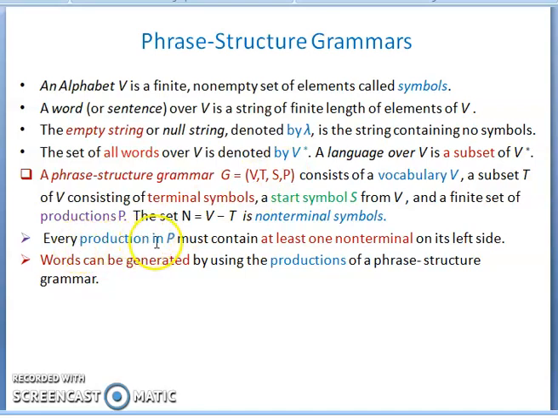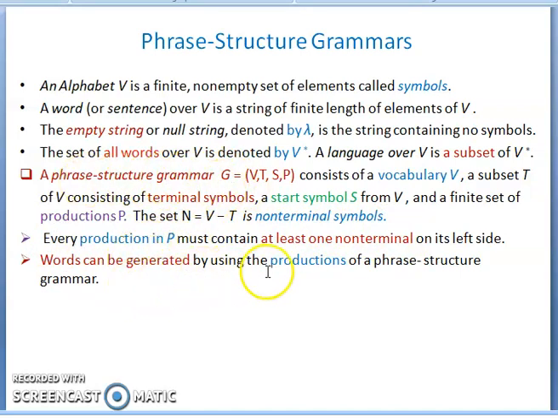Every production in P must contain at least one non-terminal symbol on its left side. That is the first rule for each and every production defined in this phase structure grammar.